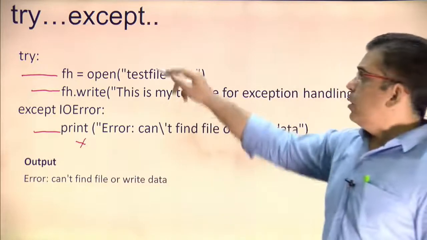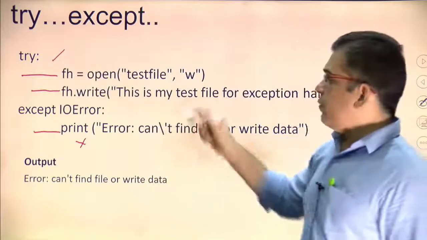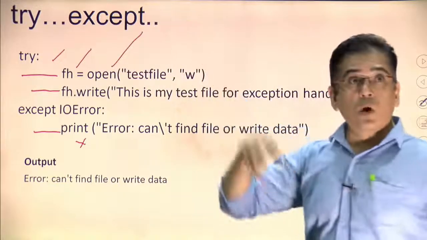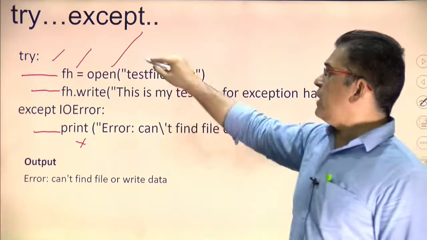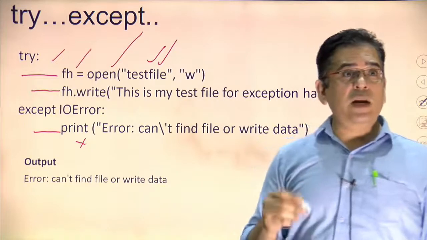First of all, the try keyword, then a colon is given here. I have created an object fh. I have executed the function open. I want to open a file, that is test file. If this file exists in the system, then the file can be opened.